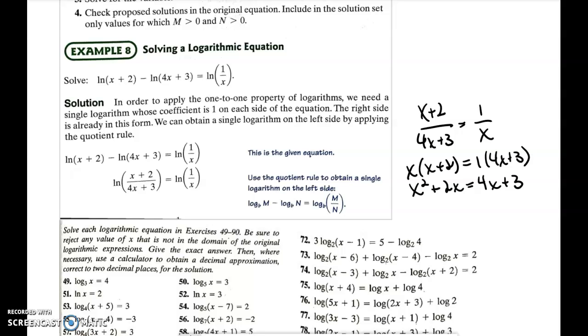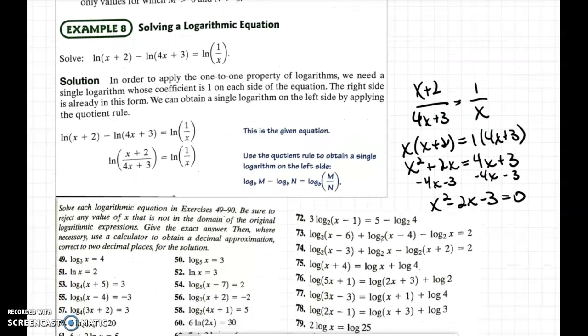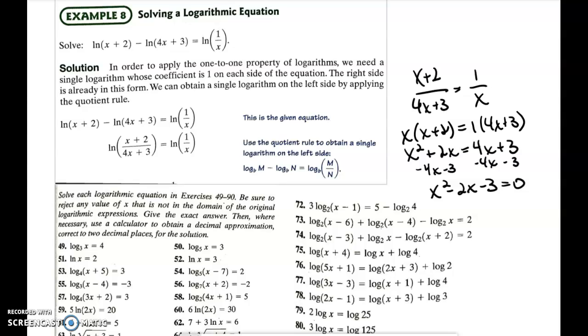If I move the 4x and 3 to the left-hand side by subtracting a 4x and a 3 from both sides, then I end up with x squared minus 2x minus 3 being equal to 0, which I can, in fact, factor. So this would give me x minus 3 and x plus 1 equal to 0. And so I have either x equals 3 or x is equal to negative 1.